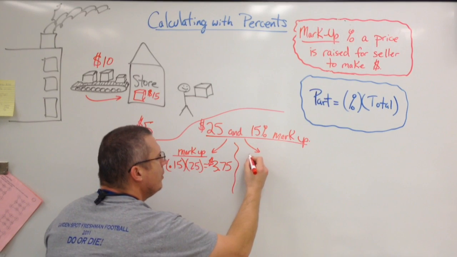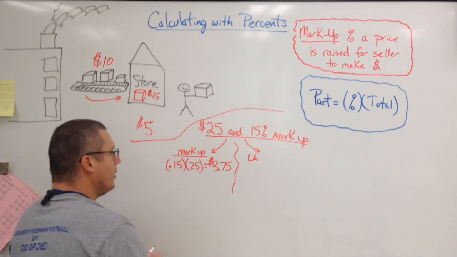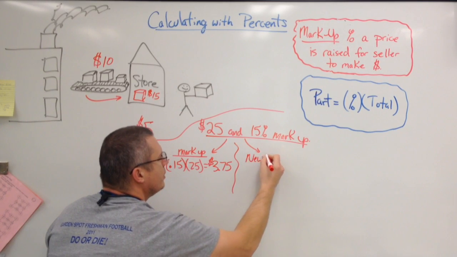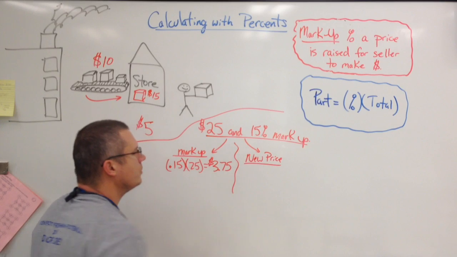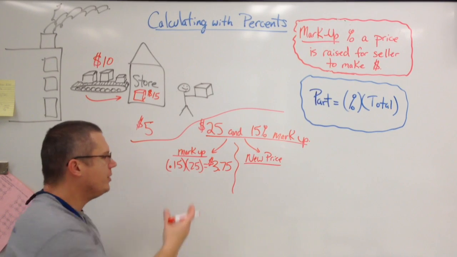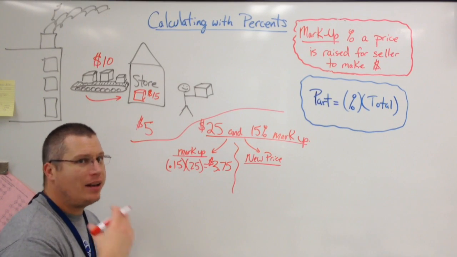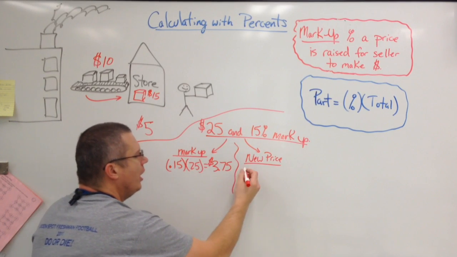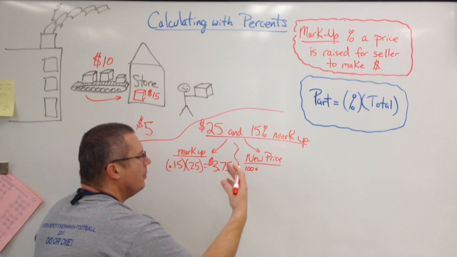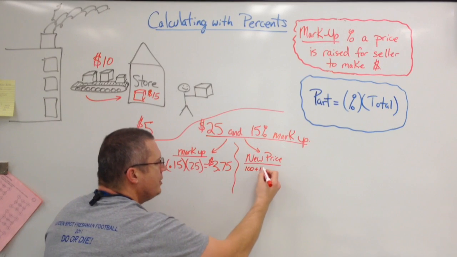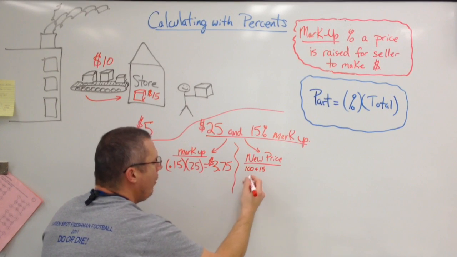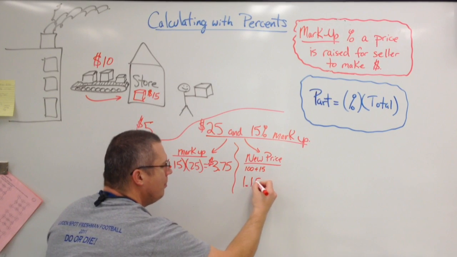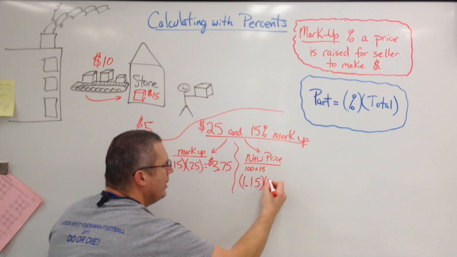The other could be, let's erase this, what is the new price? And again, markup, you could take this and add it onto the 25. It's a lot like tax, it's a lot like tip. But let's think about this. It's 100% of the object plus 15% of the markup, that's 115%, which is the same as 1.15 times my 25.